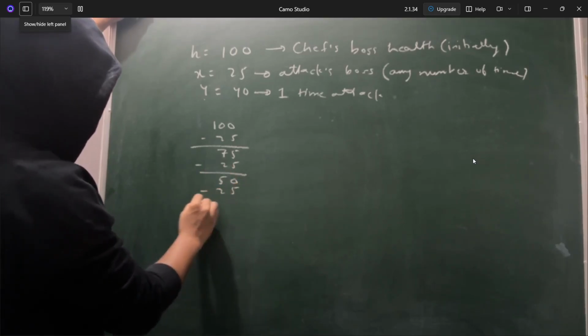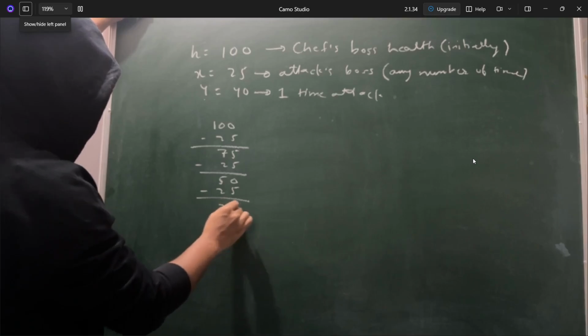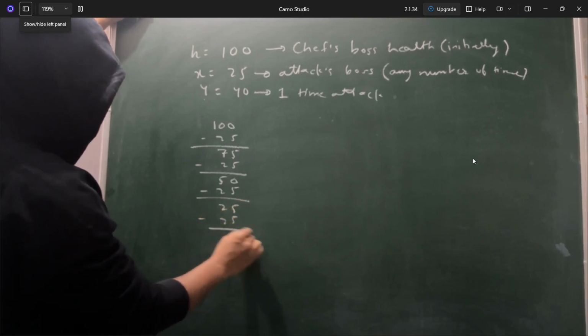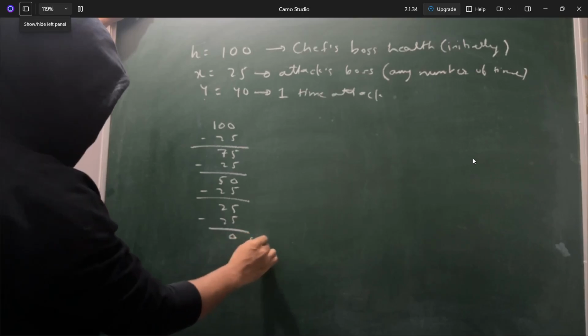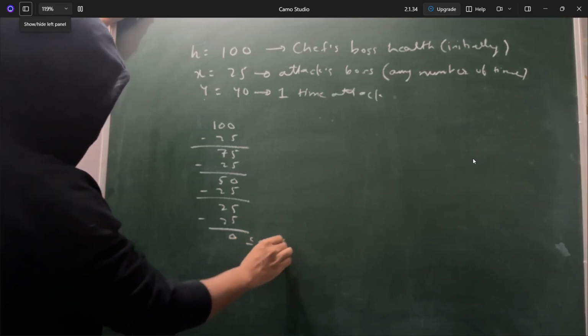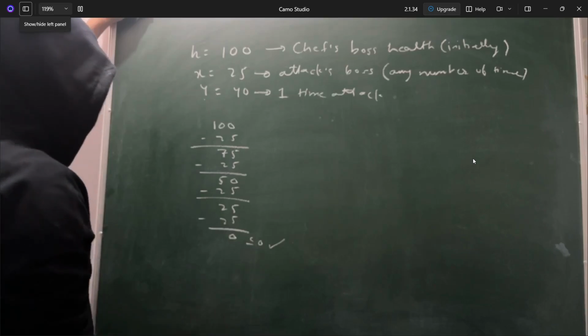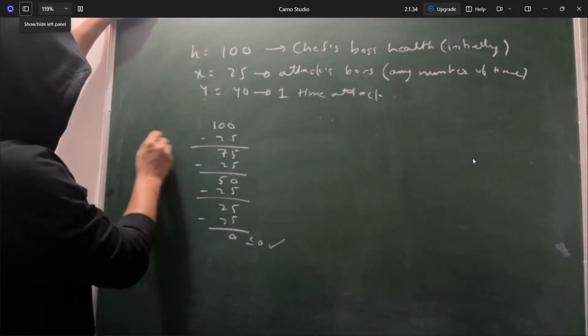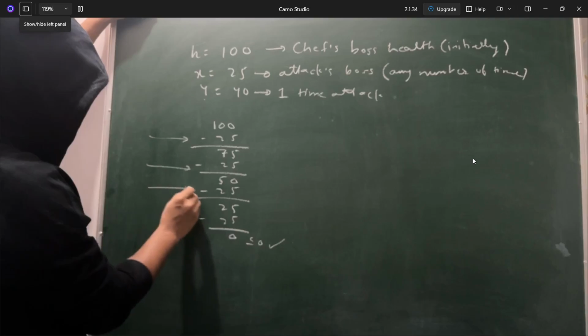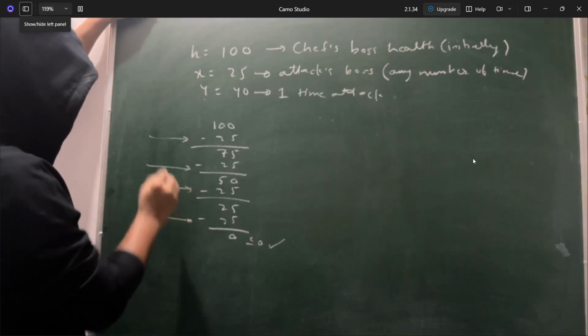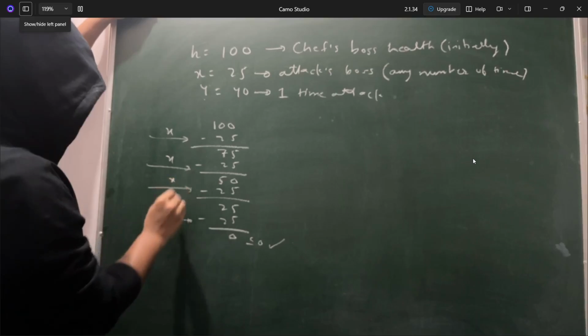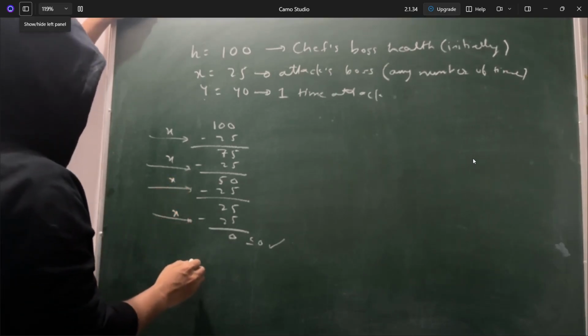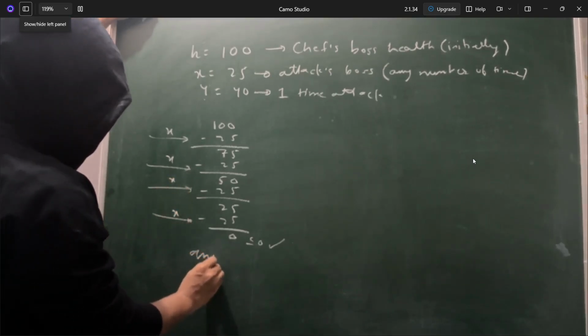Again remove 25, its health will be 25. Again remove 25, his health is 0. When boss health is less than or equal to 0, this condition is true here. How many steps have you used? 1, 2, 3, 4. So 4 x operations you have used. So in this case, the answer will be 4.